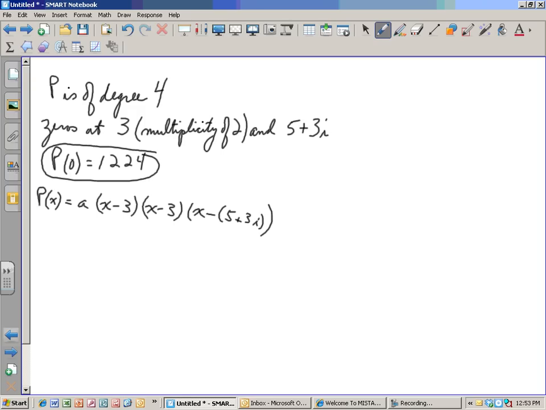Would that make sense? If 3 is a 0, x minus 3 is a factor. If 5 plus 3i is a 0, then x minus that is a factor. And if 5 plus 3i is a 0, then what's another 0? 5 minus 3i. Perfect. It'd be x minus 5 minus 3i.